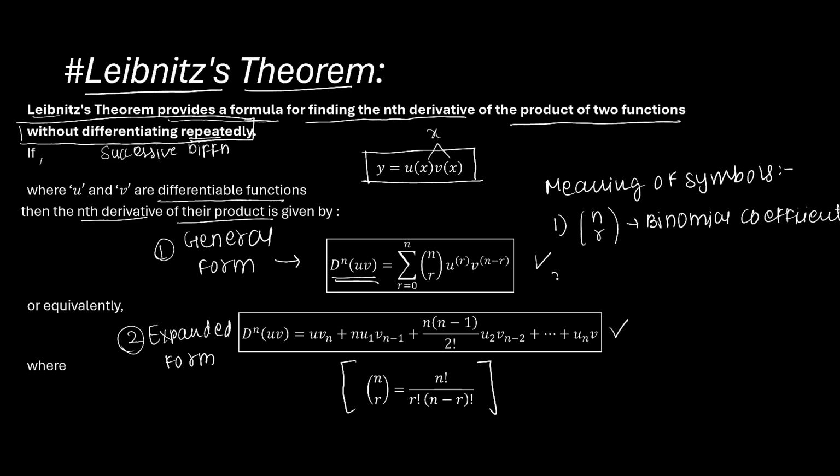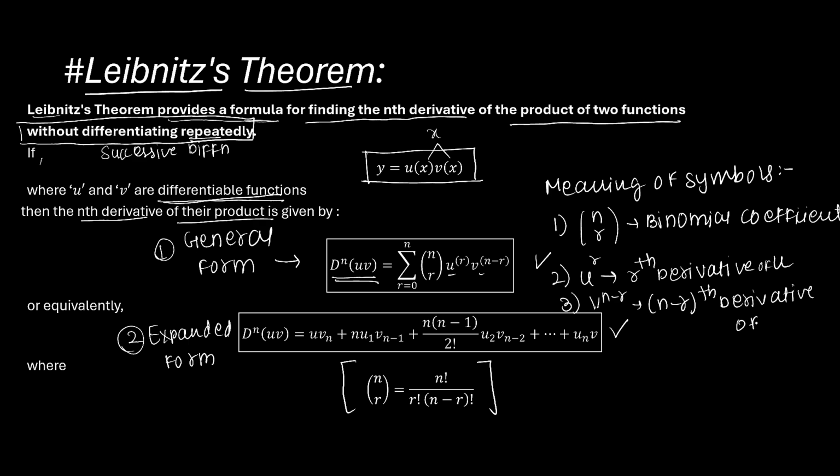Now, what is u power r? Since u and v both are differentiable functions here, u power r is nothing but the rth derivative of the function u, and v power n minus r is nothing but the n minus rth derivative of v. So these are the meanings of the symbols.